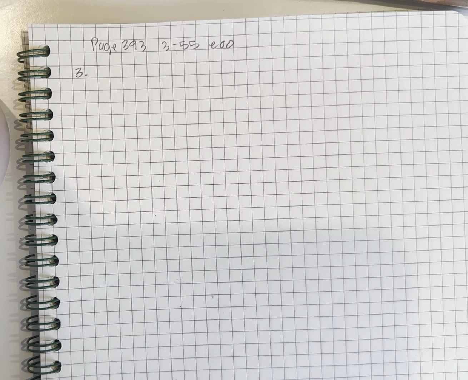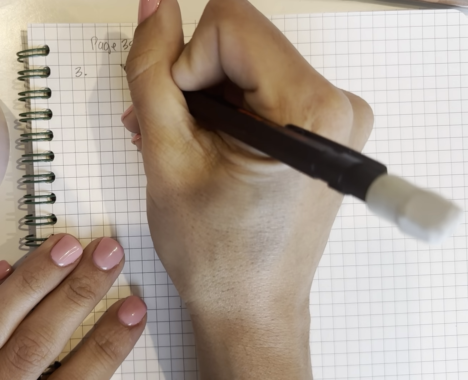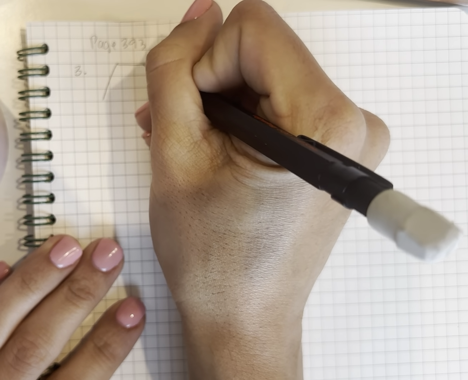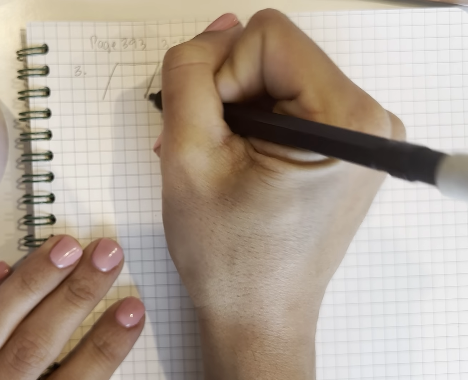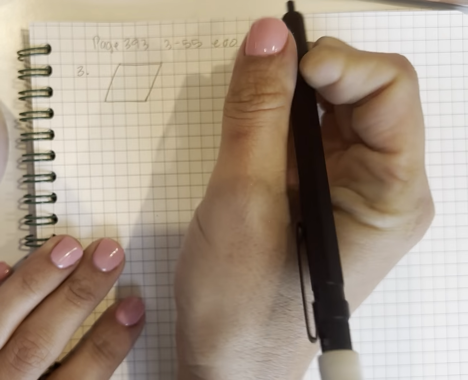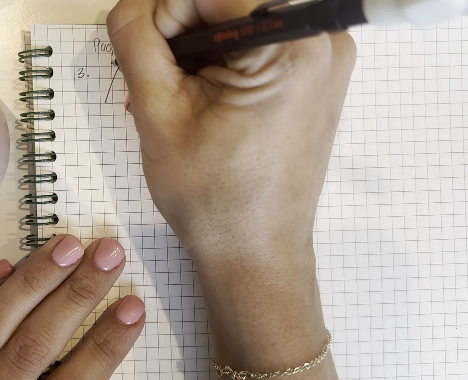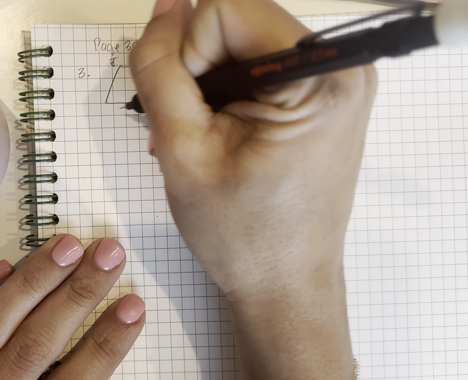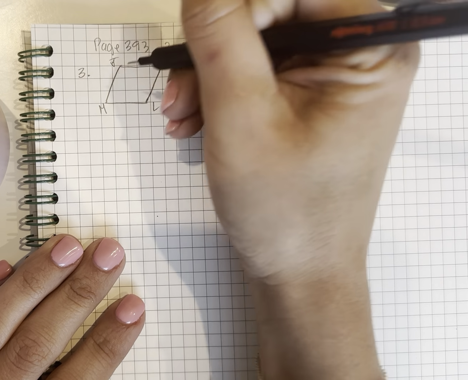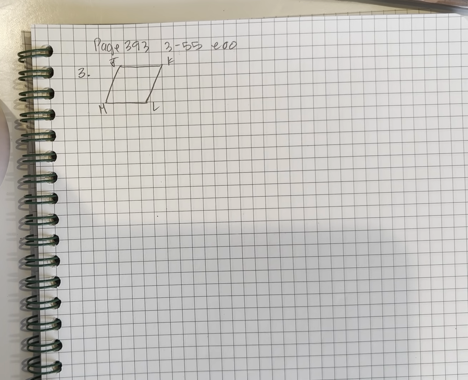So number 3 says, for any rhombus, so I would like to be looking at a rhombus, JKLM, describe whether the statement is always, sometimes, or never?